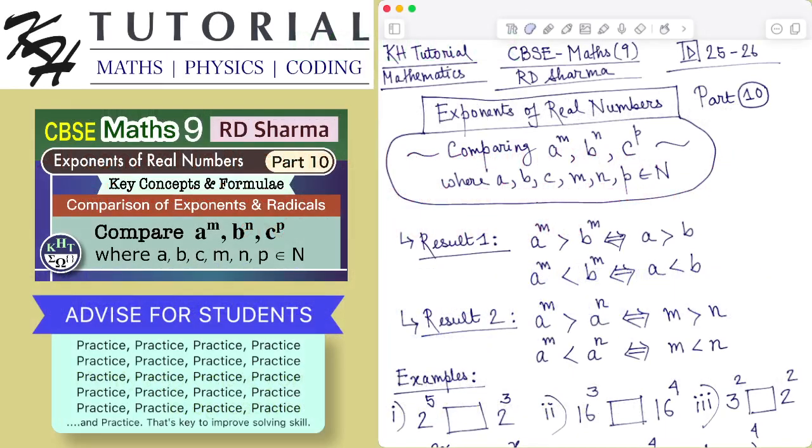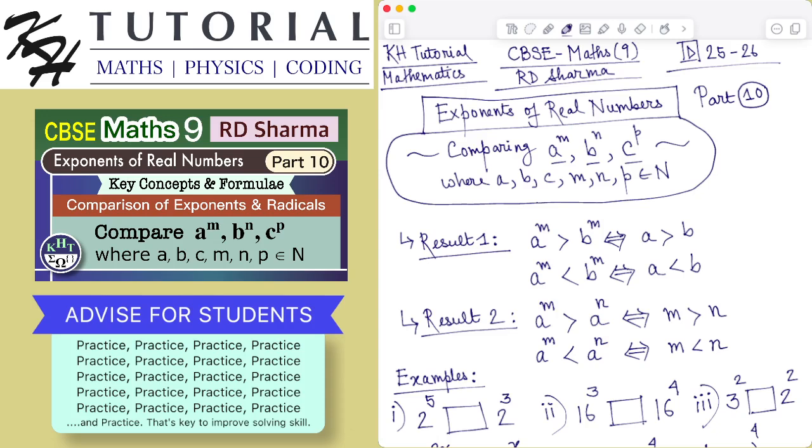So the task is to compare numbers in the exponential form, like a to the power m, where a and m are both natural numbers, and b to the power n and c to the power p.